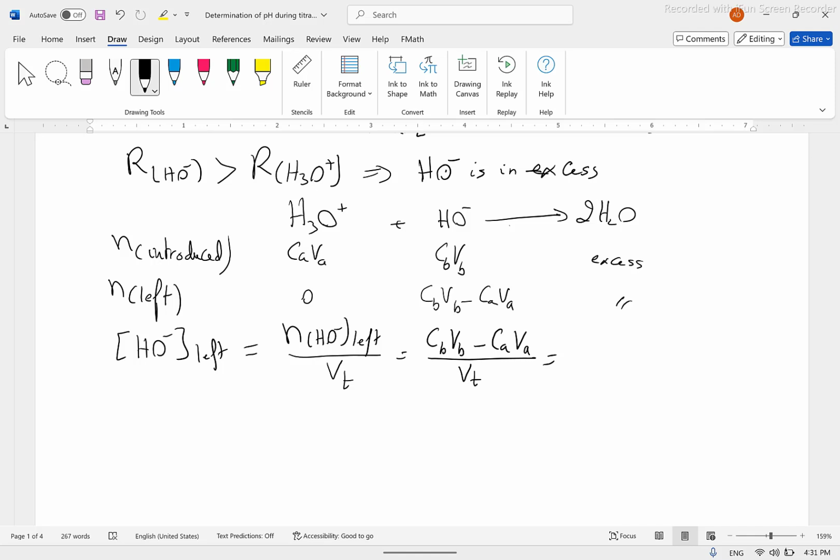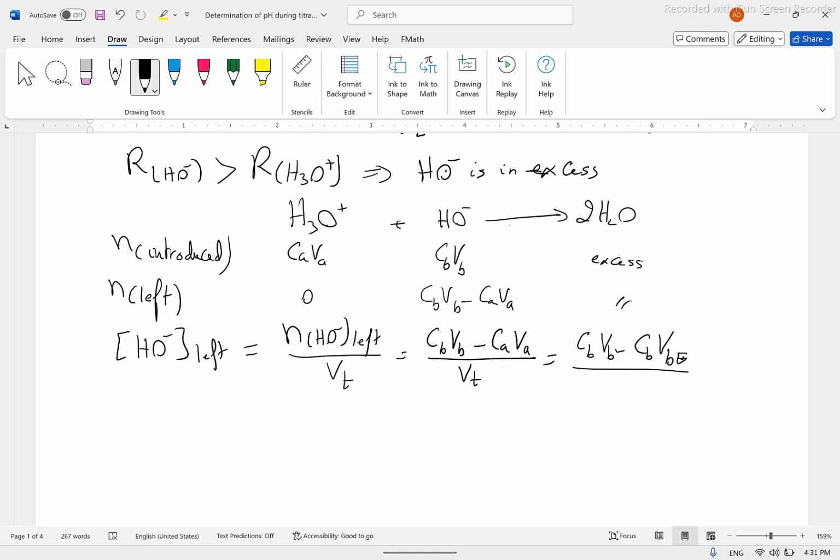In this case, at equivalence, the number of moles of HO- added equals the number of moles of H3O+ introduced, then CaVa equals CbVbe. We can replace CaVa by CbVbe. Then CbVb minus CbVbe over V total.